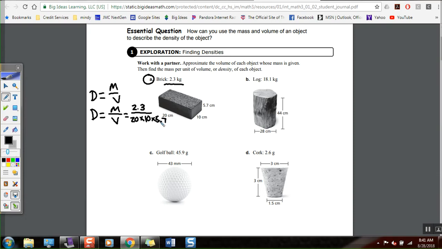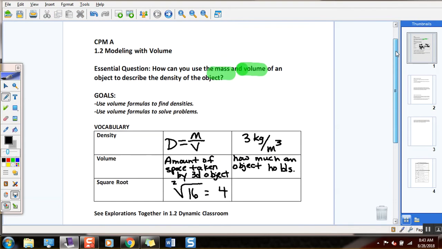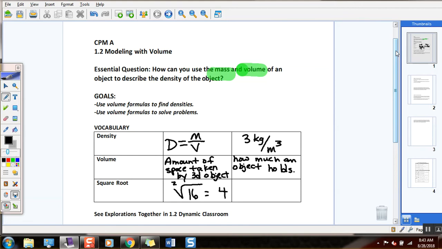So maybe make a note right here on your notes. I'm going to go back to the volume part up there. Make sure for volume right here, let's put it on the first page, I think. Right up here. Let's make a general note maybe right here with volume in this box.